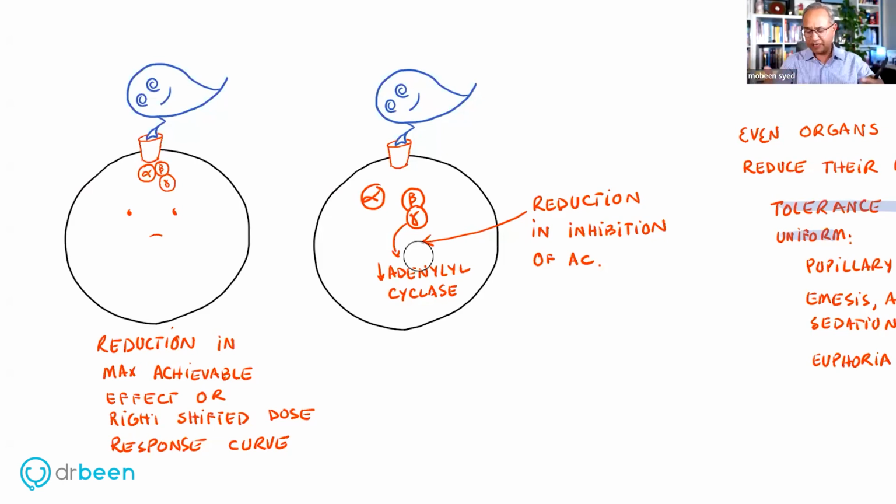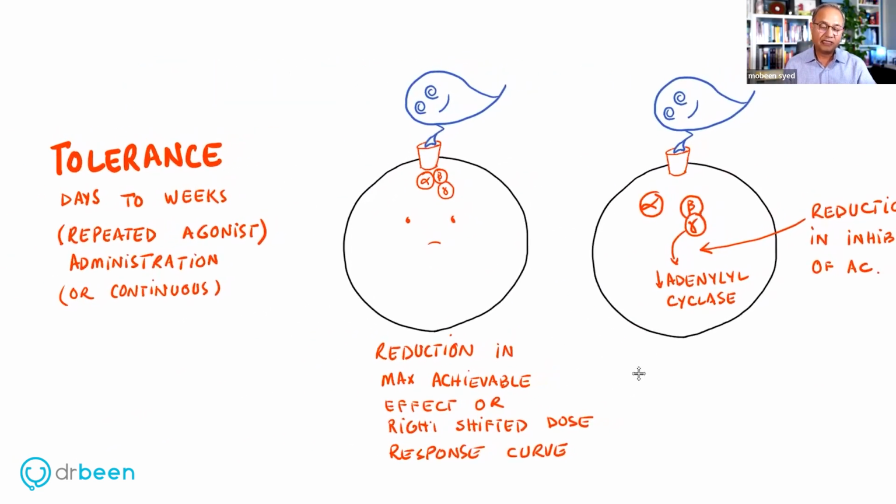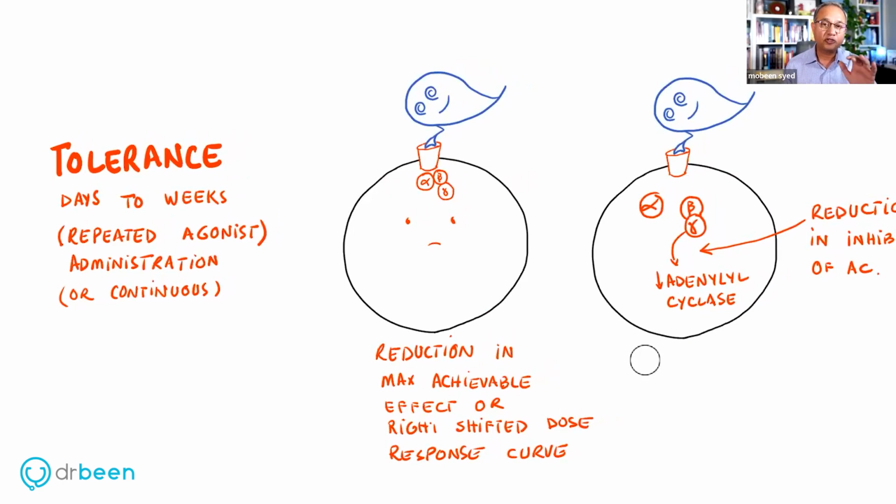So a patient of pain who is now counter-regulating by producing more adenylyl cyclase, if that patient stops opioid abruptly, then the extra adenylyl cyclase would cause the effect that opioid was stopping. Imagine if that effect was reducing the pain intensity. When the opioid will go away and adenylyl cyclase would increase more than normal, then the patient might actually feel more pain when the opioids are stopped. So keep that in mind. This is a counter-regulatory mechanism. So in case of tolerance, if somebody says, what is the mechanism of opioid tolerance?